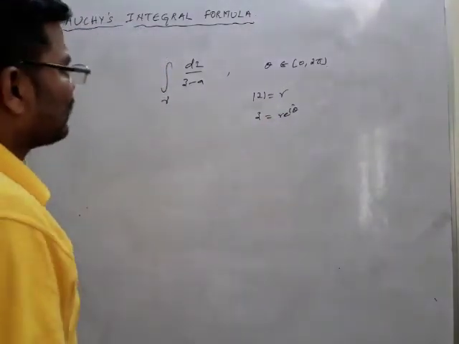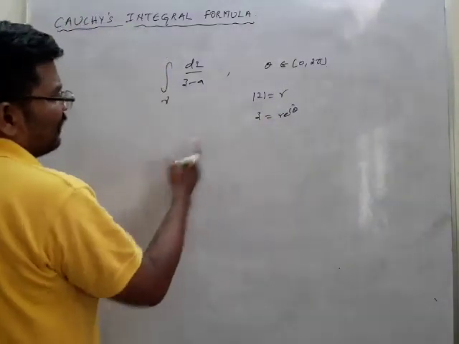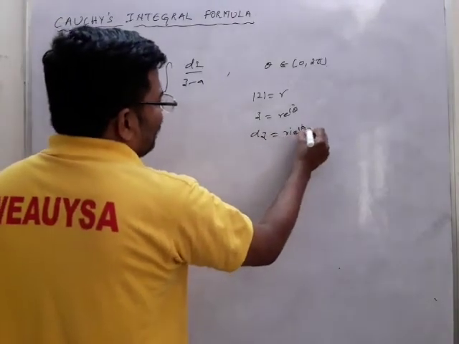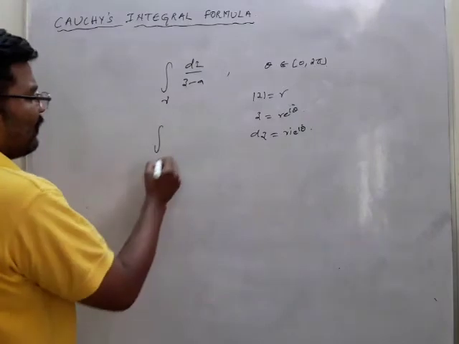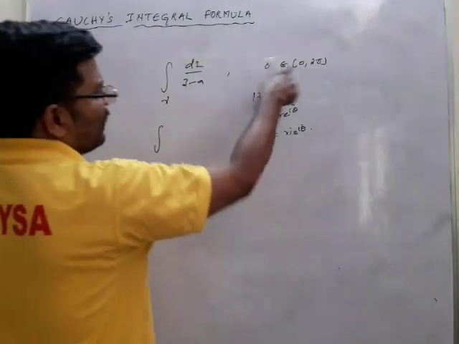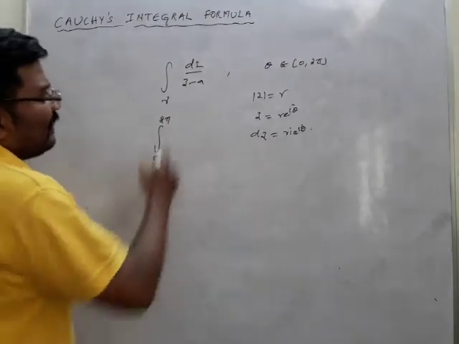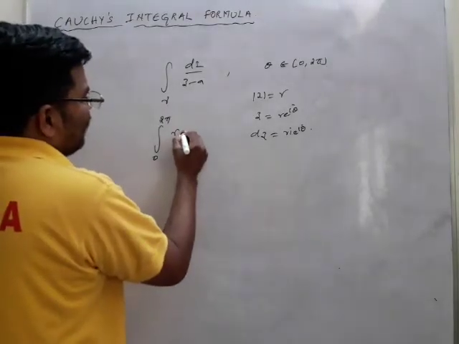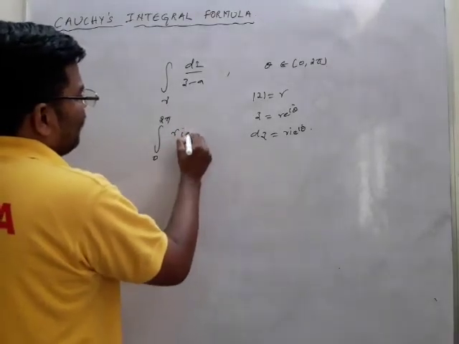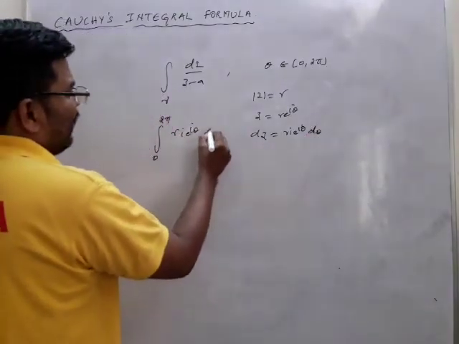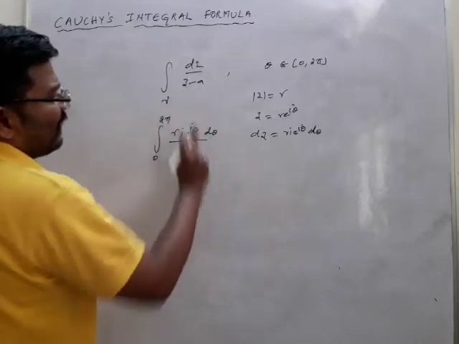Then dz is equal to r i e power i theta d theta. Now what can we write? The integral over gamma, where theta is from 0 to 2 pi, of r i e power i theta d theta by z minus a.